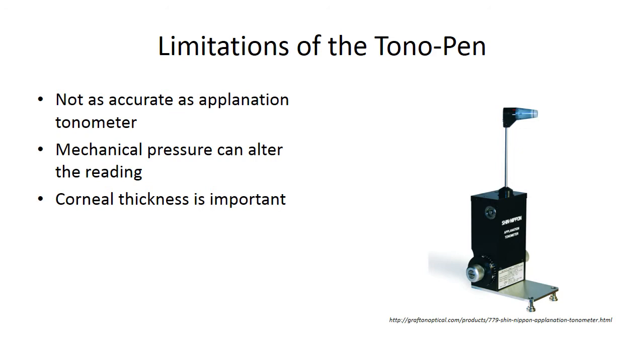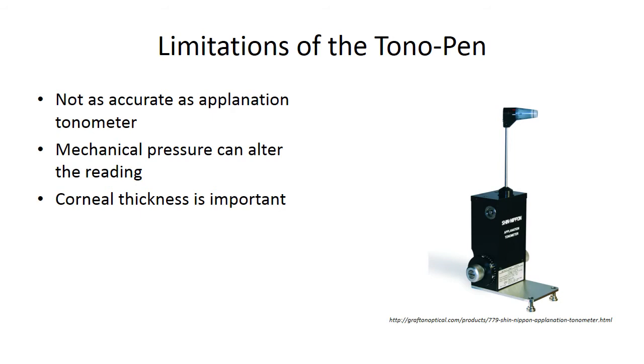Finally, corneal thickness is an important factor that may influence the reading. The Tono-Pen measures the amount of force required to flatten the cornea. People with naturally thick corneas require more pressure and is read as a higher IOP. This number does not necessarily reflect aqueous humor retention or increased pressure inside the eye.